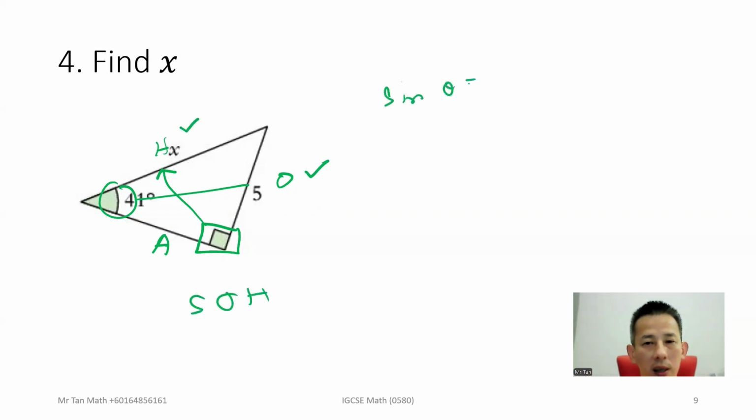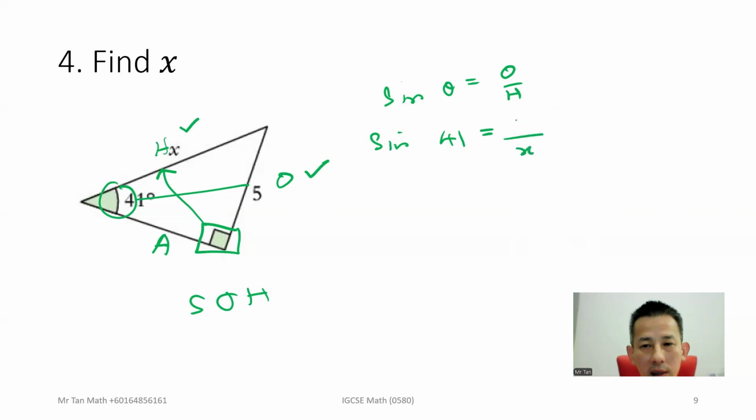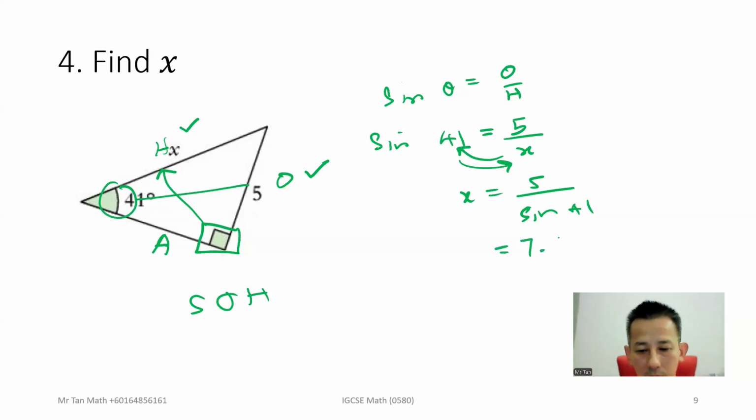So sine theta equal to O over H. Sine 41 equal to O, which is 5, over H, which is x. So now your x is the denominator. Just exchange these two. Get x equal to 5 over sine 41. We should get 7.62.